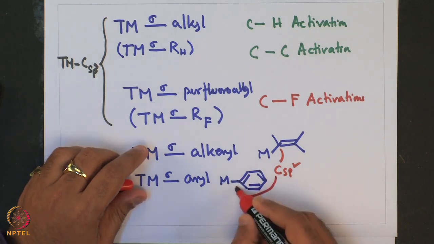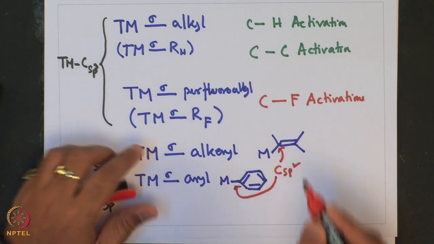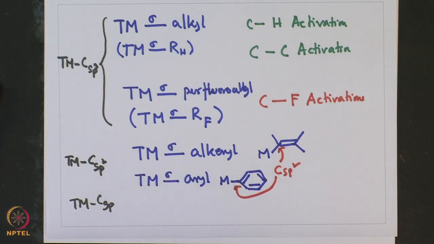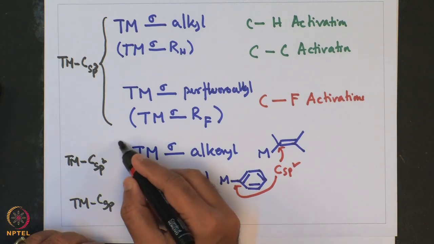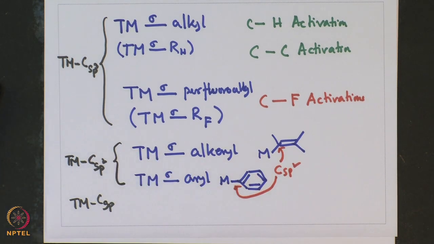So, this is the sp2 center. So, these would be the type of compounds that we would be discussing for transition metal Csp2 type.